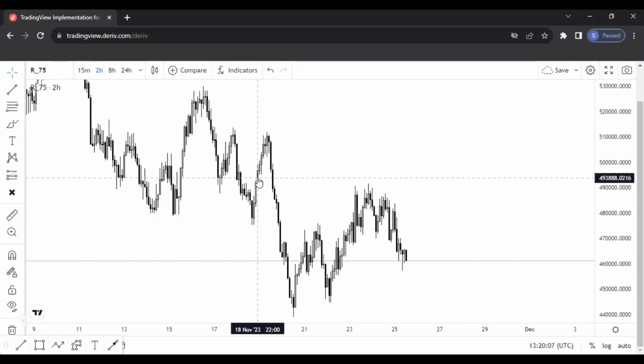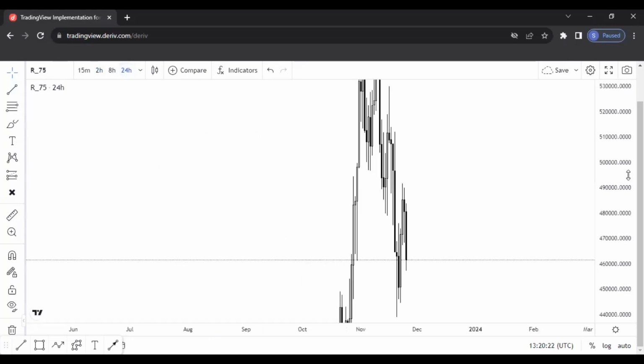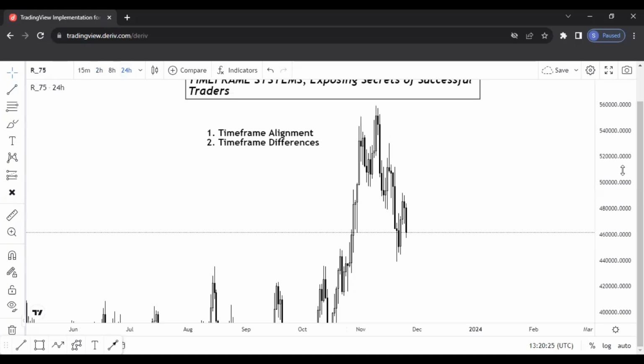Now you can see that the amount of 2 hours you get in 24 hours is 12. So one candle on 24 hours is 12 candles on the 2 hours time frame.